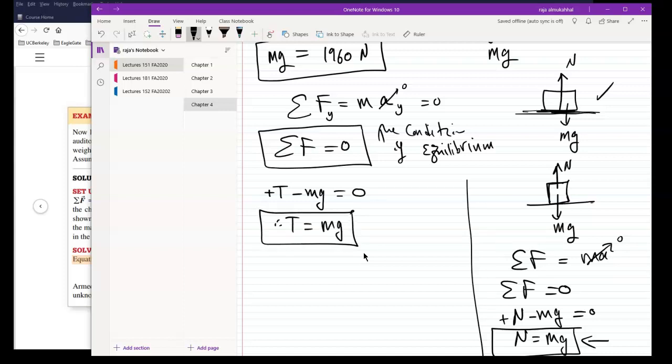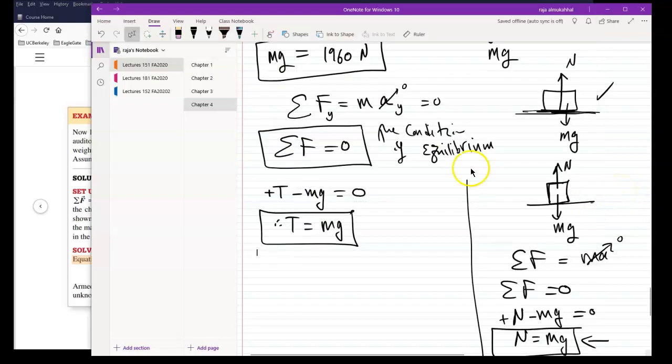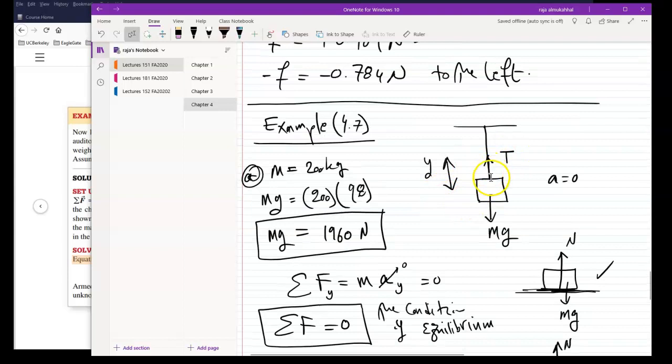Okay, let's go back to the question. What is the tension in the chain? Well, I know what the weight is. What is the weight? We got it, 1960 or something. What force, magnitude, and direction does the chain exert on the object? Well, he's really talking about the tension, upward. So we have the tension upward. That's the force he's talking about.